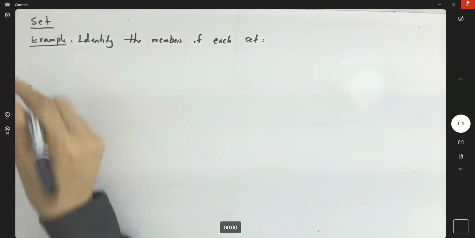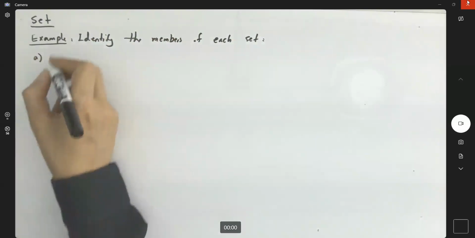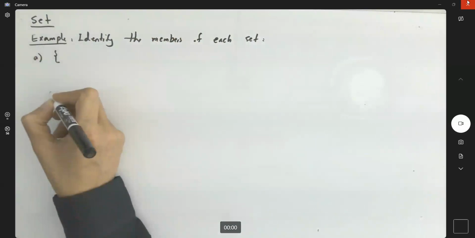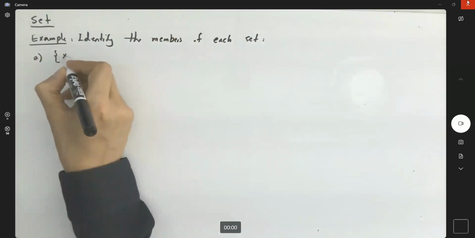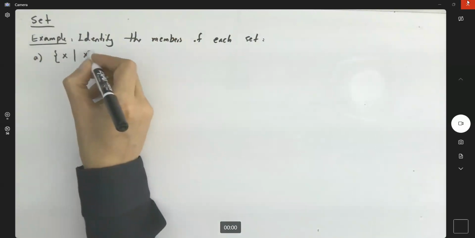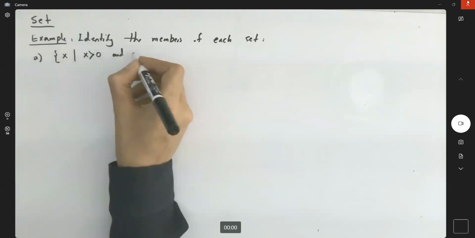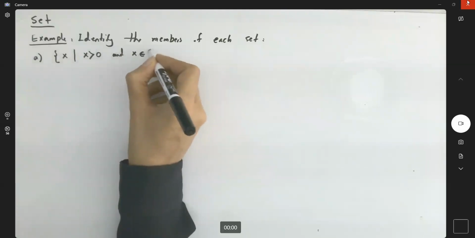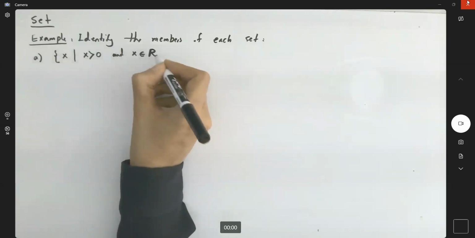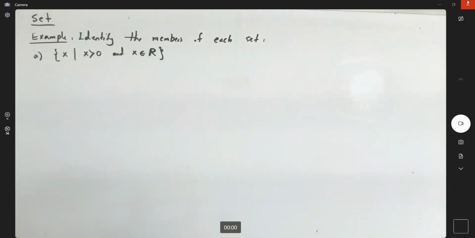Okay. The very first set, set A, is given to you as the set of all values such that X is positive and X belongs to R. Okay, let's just break these down. What are they talking about? So first of all, let's learn how to read this.